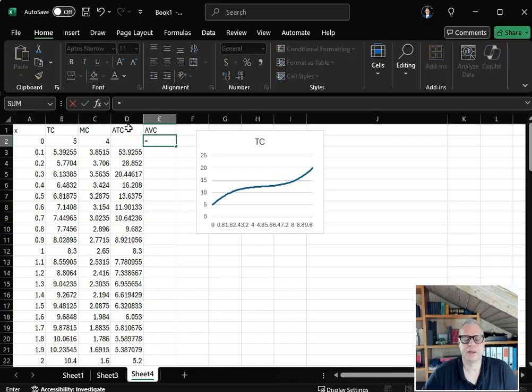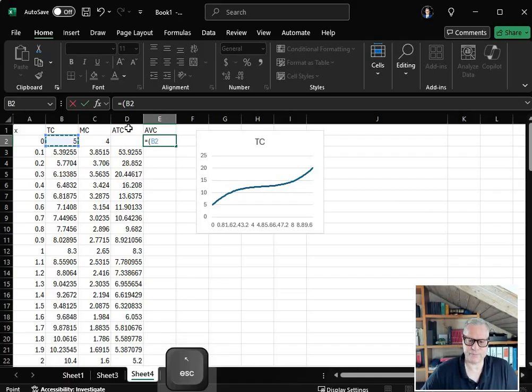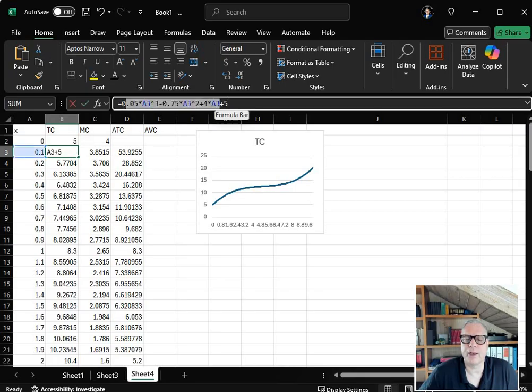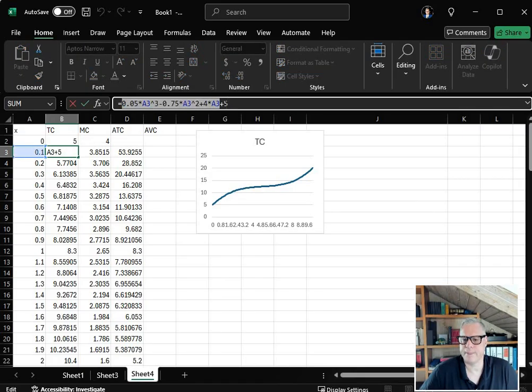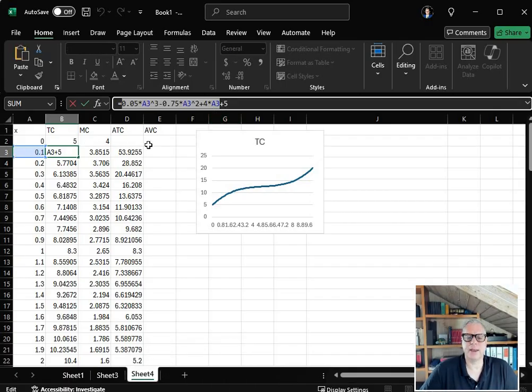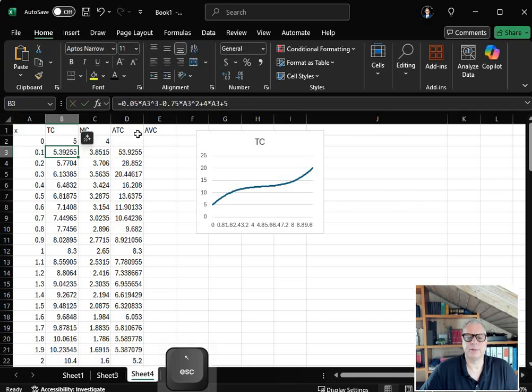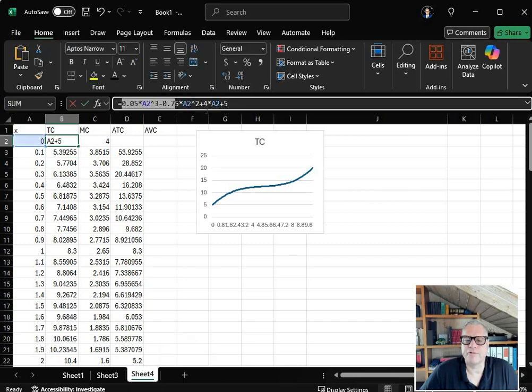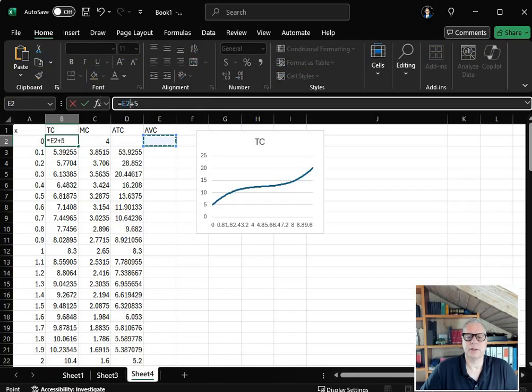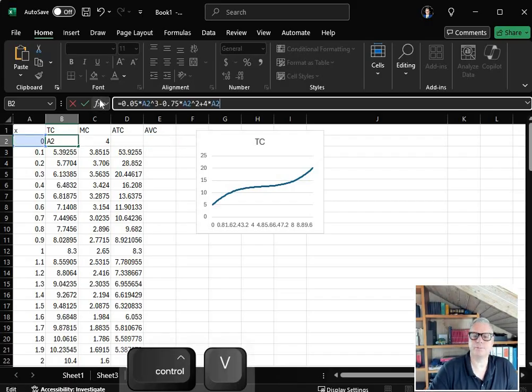I'll just take the total cost, but then I have to subtract that fixed term, so I actually can just take this term without the plus 5. Okay, and then I just divide everything without the fixed term. So you take this one, okay, and then let's enter that here.